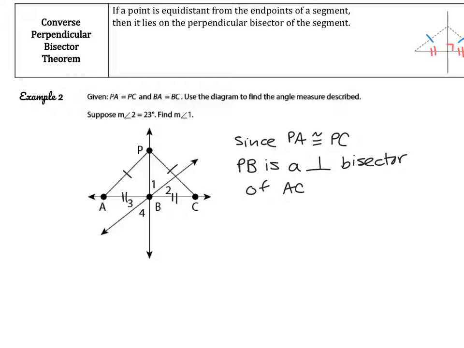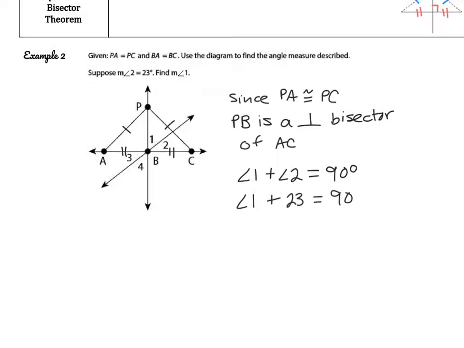Since it's a perpendicular bisector, we can make the statement that angle 1 plus angle 2 must equal 90 degrees, because that's what perpendicular means. Now we can substitute what we know about angle 2, which is that it's 23 degrees. So angle 1 plus 23 equals 90. That means angle 1 must be 67 degrees.